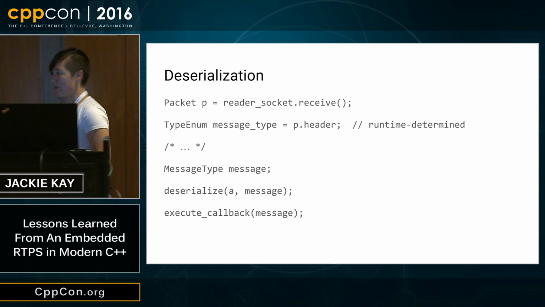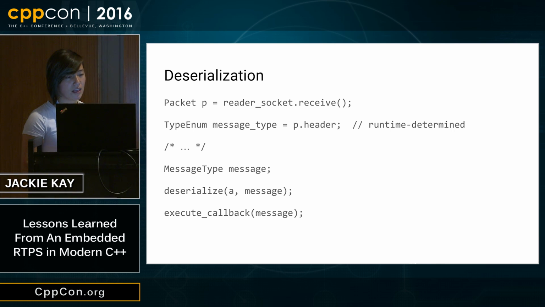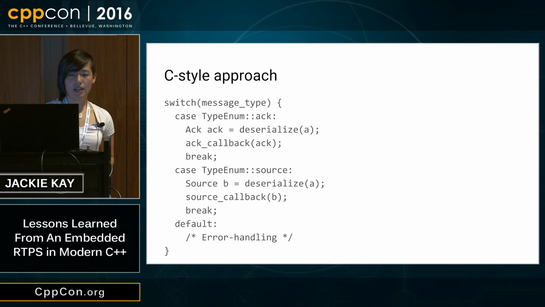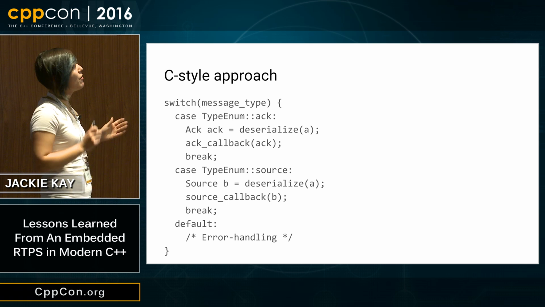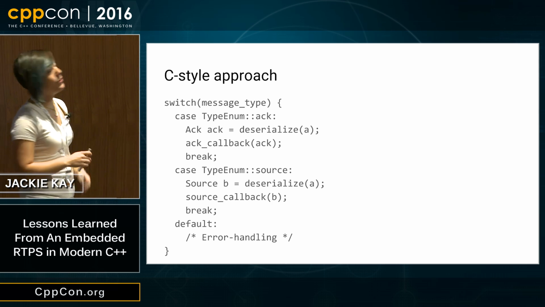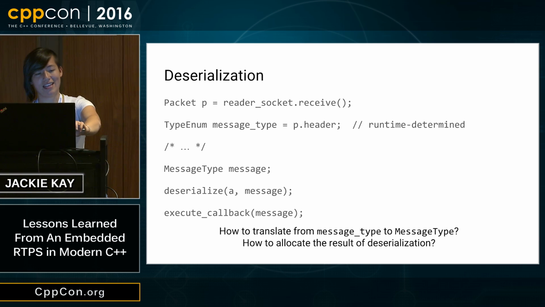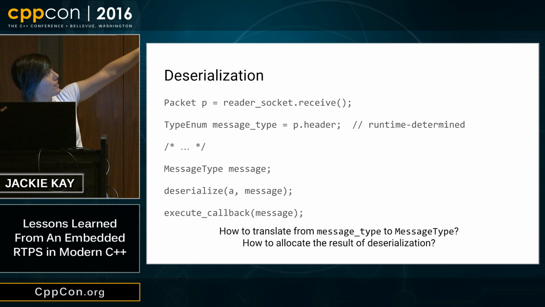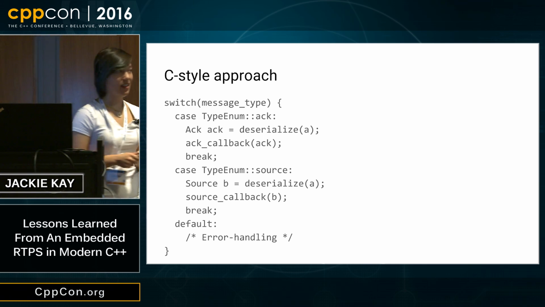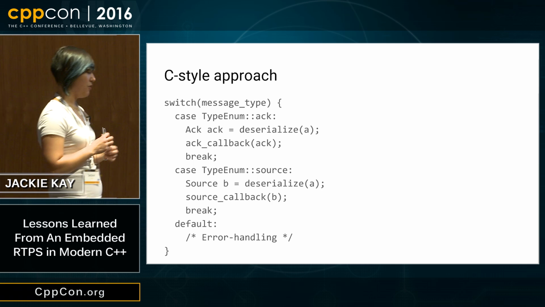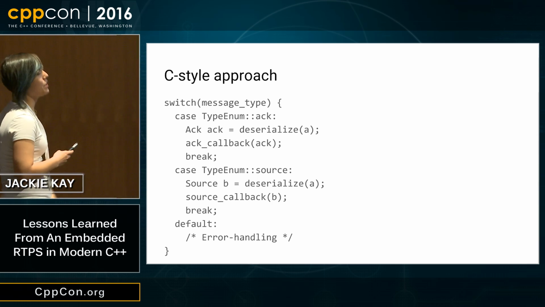I want to execute some behavior that operates on that message that we got on the other end. So this is one way of doing it. Basically, it's very straightforward. There's some stuff missing here, but take the star quotes, the commented out line here, and replace it with this. You switch on the header. You translate whatever you got in the packet to an enum type or some identifier.